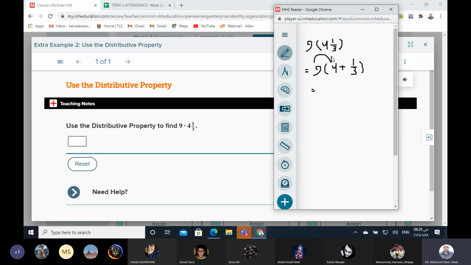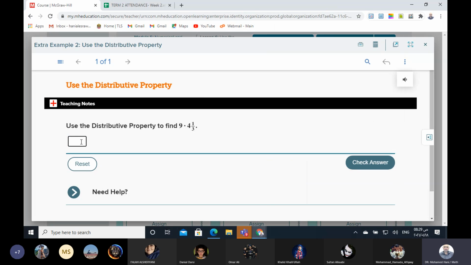Take 9 multiplied by 4. 9 times 4 will be 36, plus, take 9 multiplied by 1 over 3. 9 times 1, 9 divided by 3 will be 3. Now 36 plus 3 will be 39. So we can write the answer here, 39.